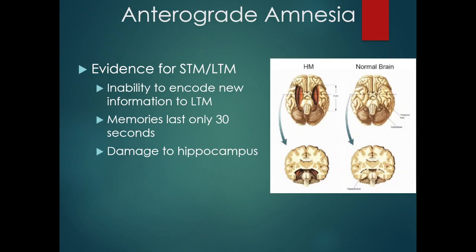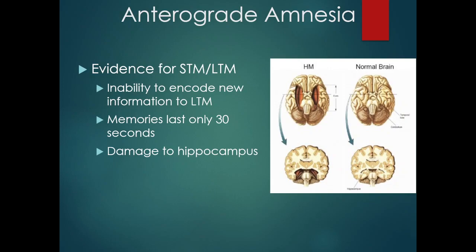As new information comes in, they can hold it for about 30 seconds, and then it's like they never saw it before. That makes an argument for the short-term memory store being brief and needing to transfer to some other storage. Long-term memory is the explanation in this model.